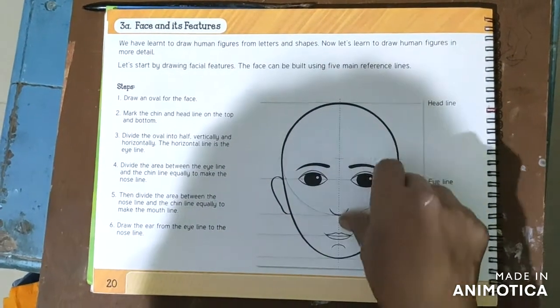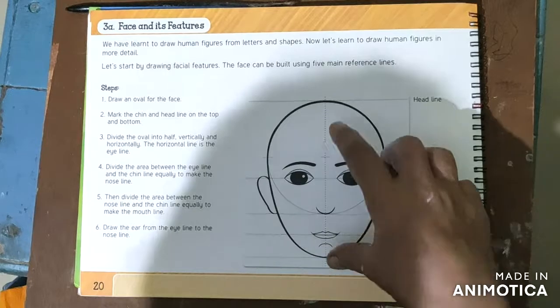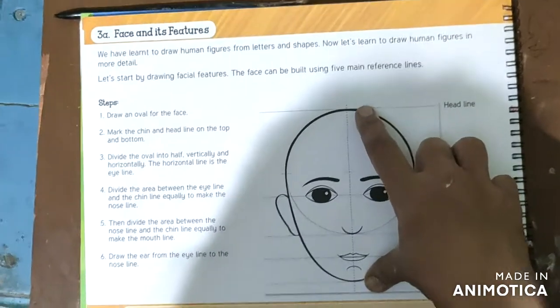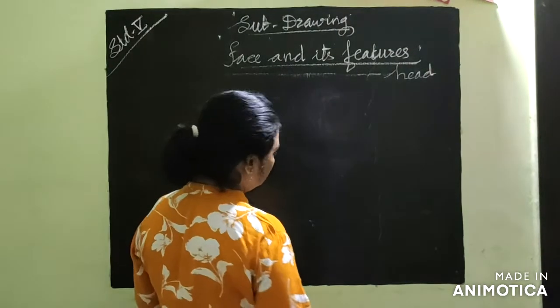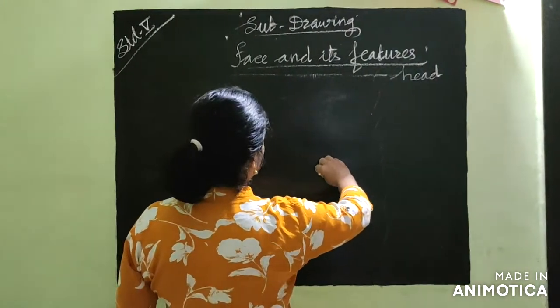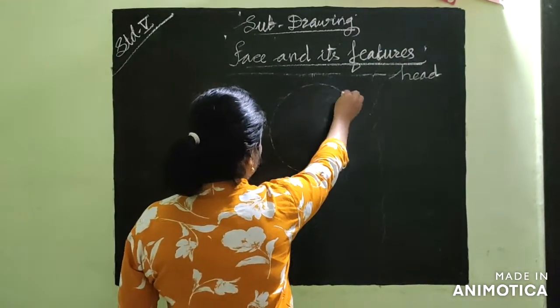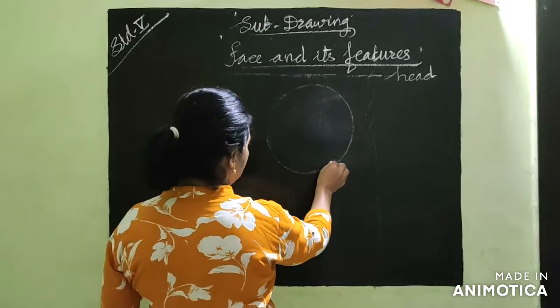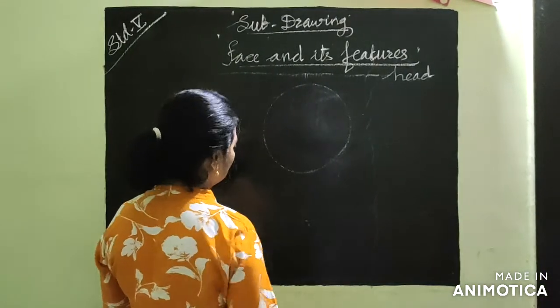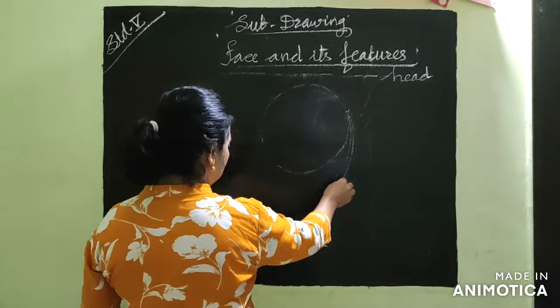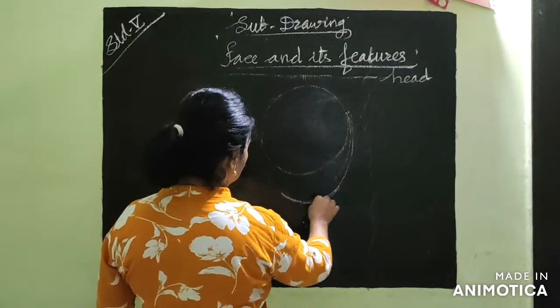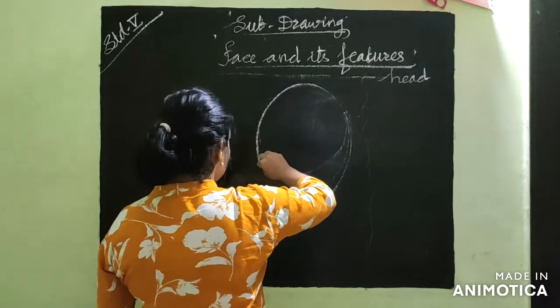If you have any difficulty drawing an oval shape, let's watch the blackboard again. When you have any difficulty drawing an oval shape, draw first only a circle like this, and simply add the lower part. You will get a proper oval shape.